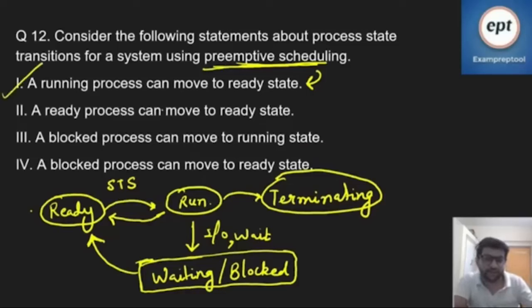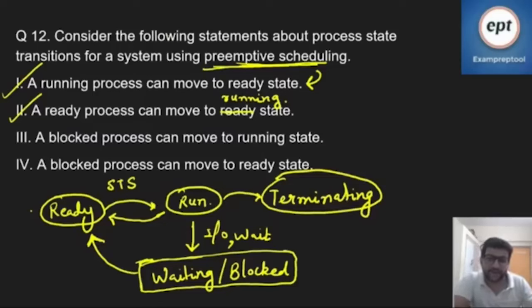Next, a ready process can move to a ready state. I guess there's a typo here. It should be a ready process can move to a running state, right? So we can move from a ready state to a running state.